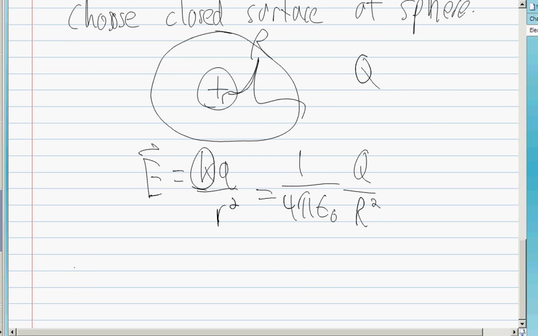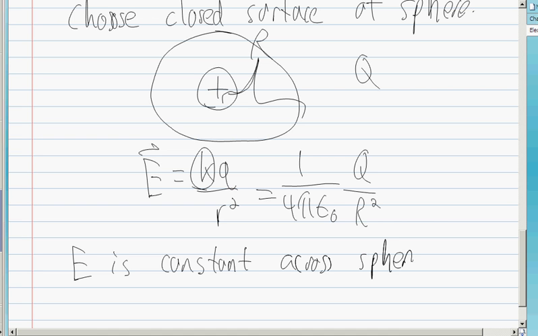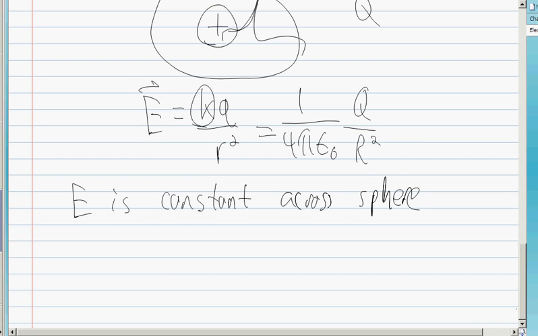Well, in this case, E is going to be constant across the sphere, which makes sense. They're all the points on a sphere. It's the definition: all the points that are equidistant in space from one point, and that's the point where we place the point charge.